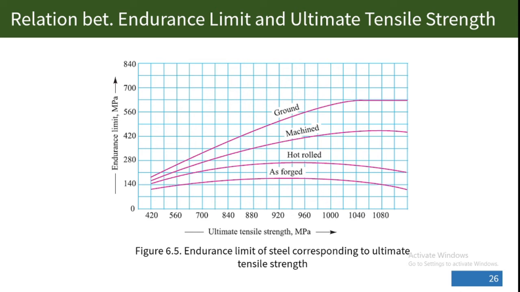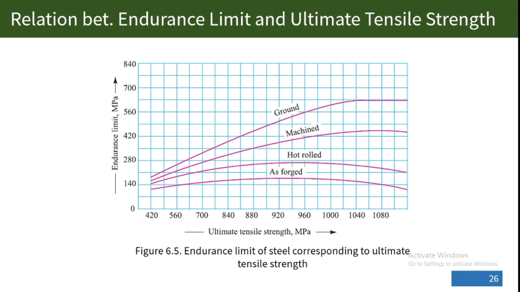And the different values of the endurance limits correspond to the material's ultimate tensile strength. Okay, so we can see here these different conditions. We can see that the highest values among the surface conditions is ground, and the lowest is the forged condition of the material.